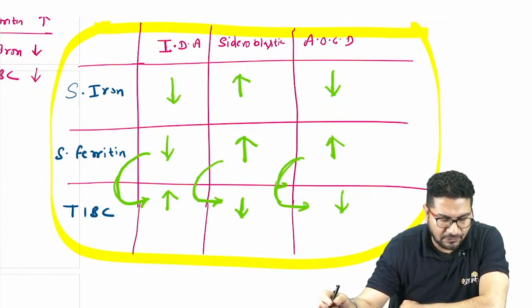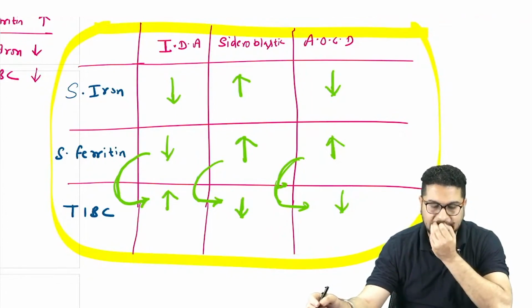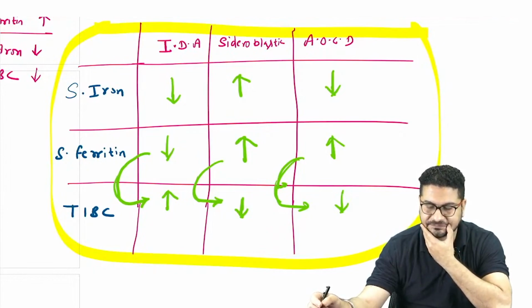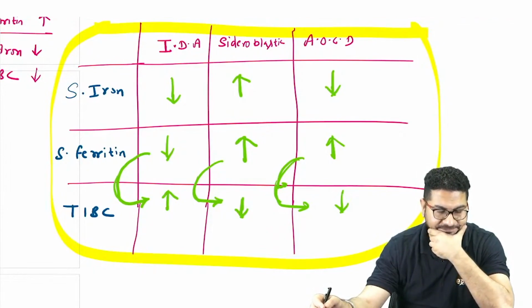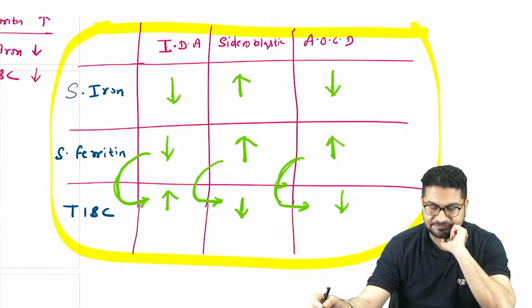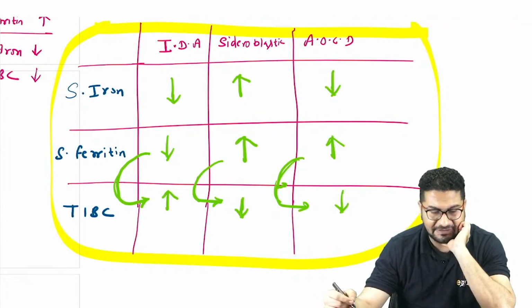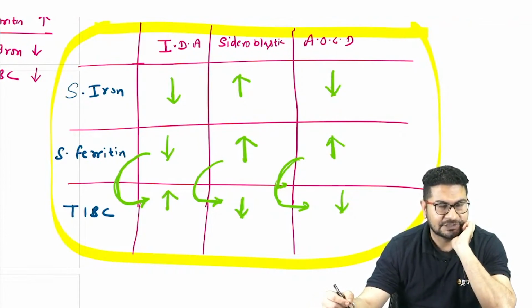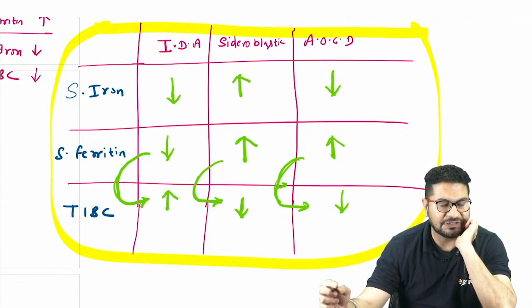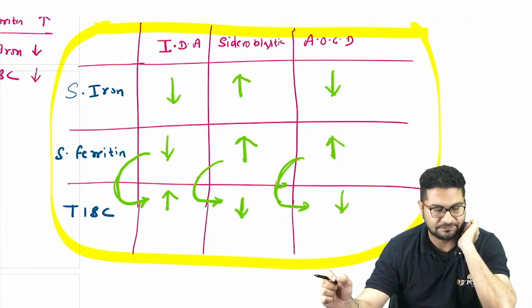If I ask you low TIBC with increased serum iron, it is sideroblastic. Low TIBC with decreased serum iron, it is AOCD. Clear? This is the type of question they want you to solve.